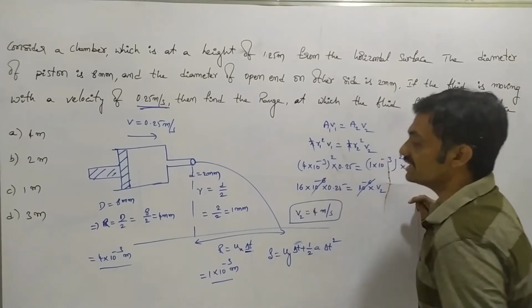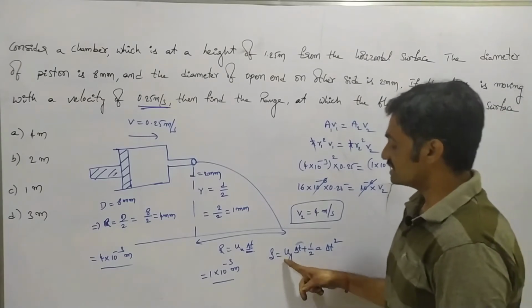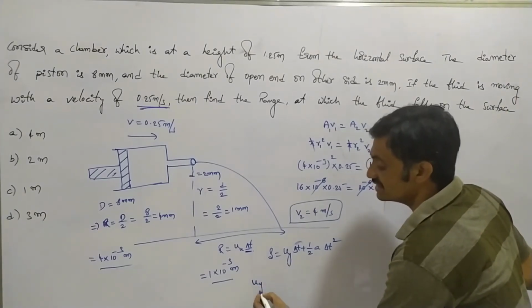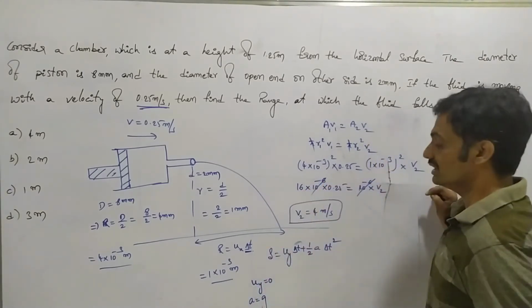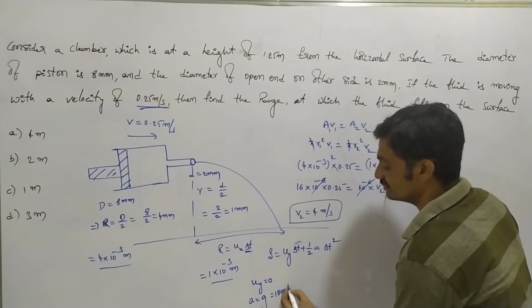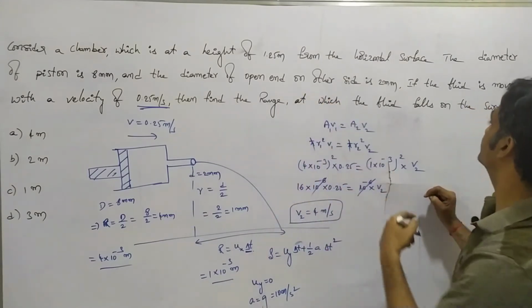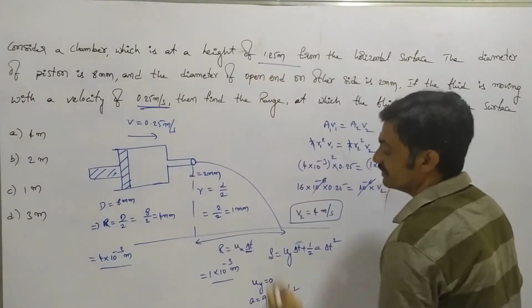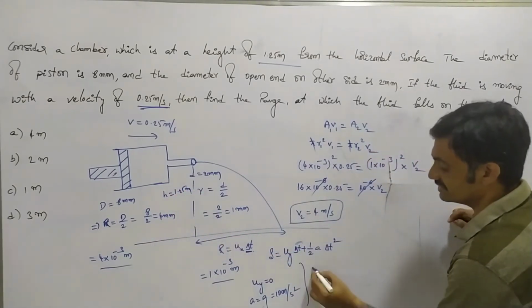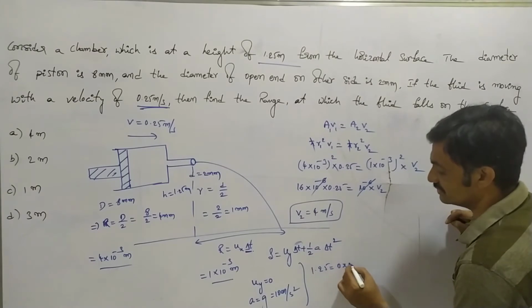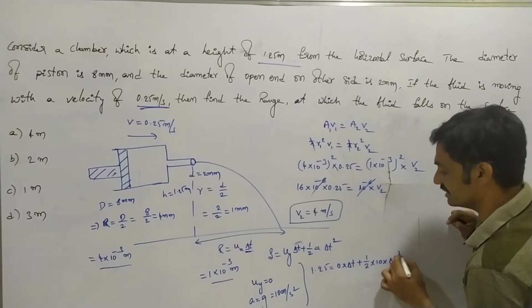Now as you observe, along the vertical the velocity is 0, meaning u suffix y equals 0, and acceleration is given by acceleration due to gravity, which here we consider as 10 meter per second square, and height is 1.25 meters. As we substitute all the values, 1.25 equals 0 into delta t plus half into 10 into delta t square.